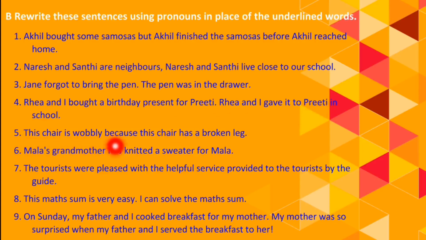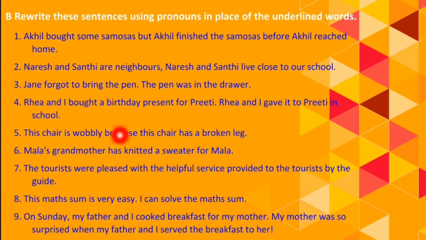This chair is wobbly, because this chair has a broken leg. Here the underlined words are this chair. The words this chair are repeated, right? So we have to use a pronoun for this. The word this is a demonstrative.